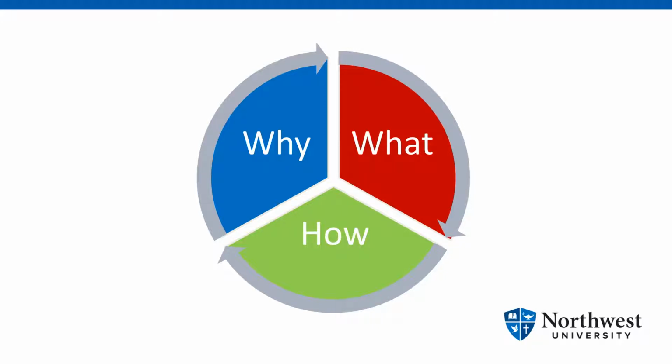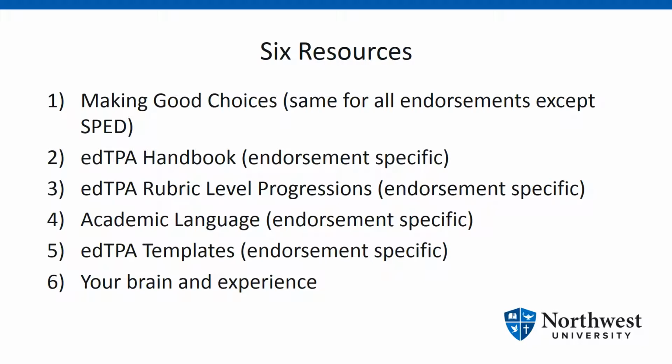So let's begin. There are 6 different resources that you are going to draw on extensively when you are completing your edTPA. The first is a document called Making Good Choices. And this will be made available to you in the course that you are taking, with which this video is aligned. And the Making Good Choices document is the same for all endorsements except for special education.